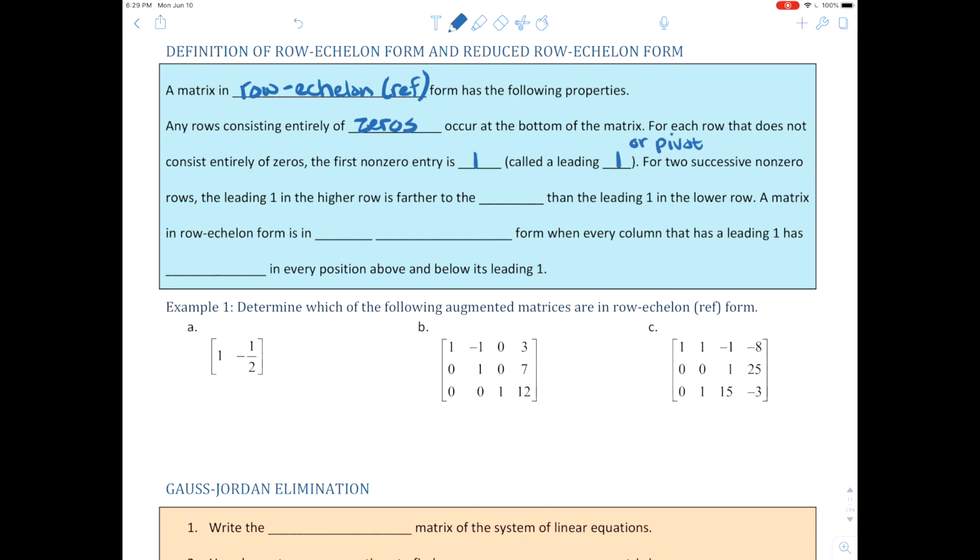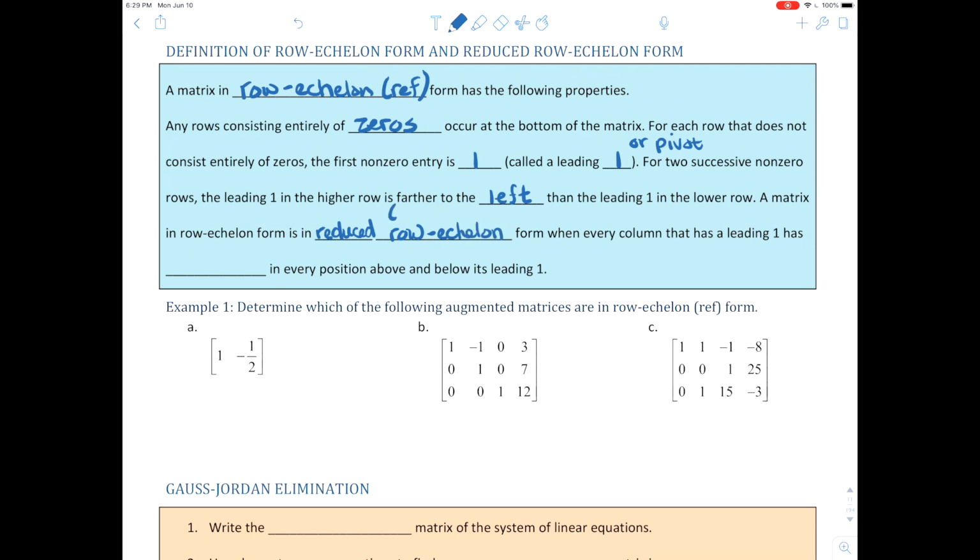For 2 successive non-zero rows, the leading one in the higher row is farther to the left than the leading one in the lower row. A matrix in row echelon form is in reduced row echelon form.